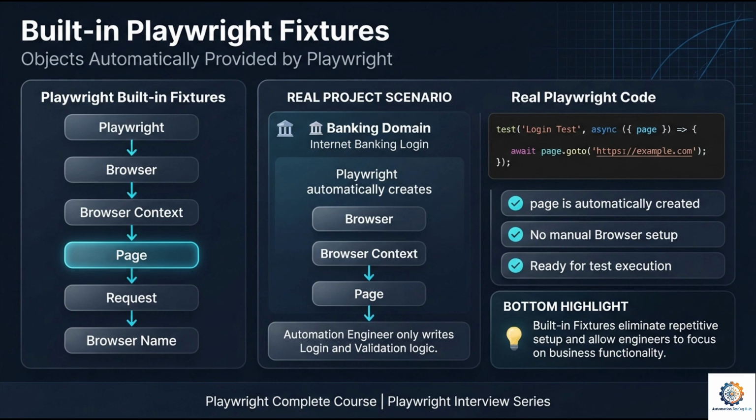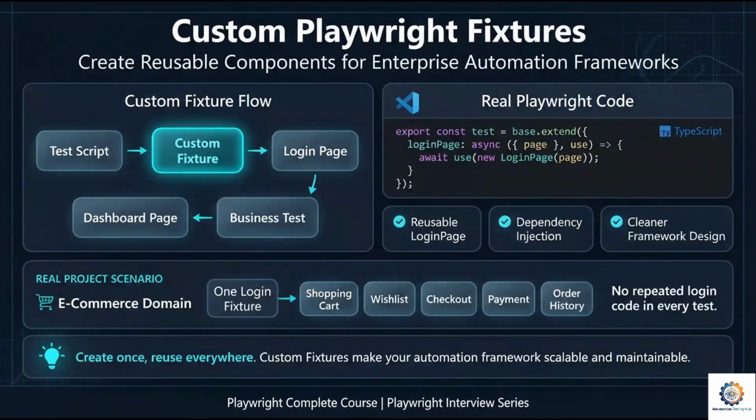Take this banking example. Notice this code on the right. We directly receive the page object inside the test without creating a browser manually. Playwright handles the setup automatically, making the code shorter, cleaner, and ready for enterprise automation.